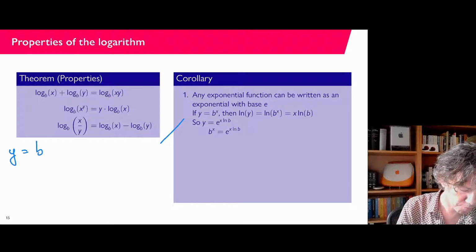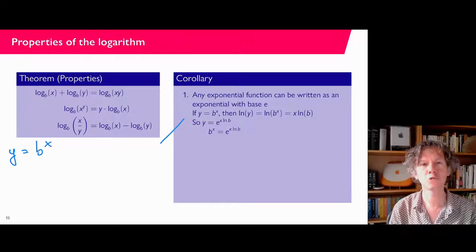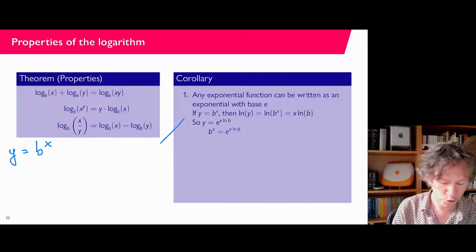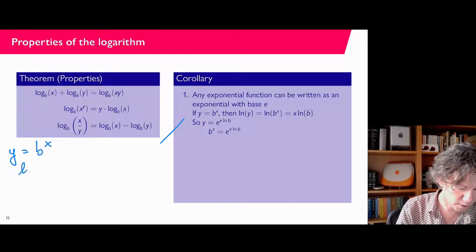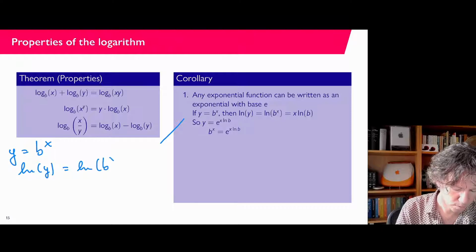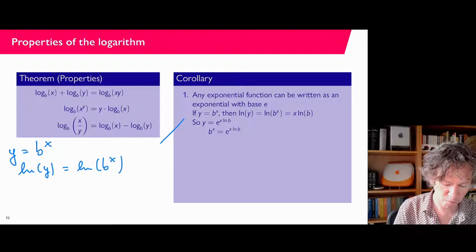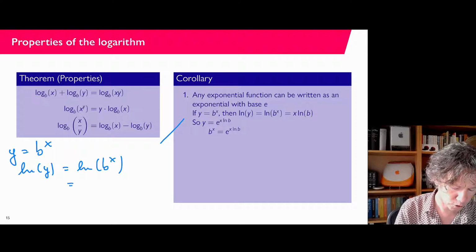So if you have y is b to the power x, and b is some constant, then what you can do is take the ln on both sides of the equation. Then you can write the exponent in front of the logarithm. So this is the same as x times ln b.